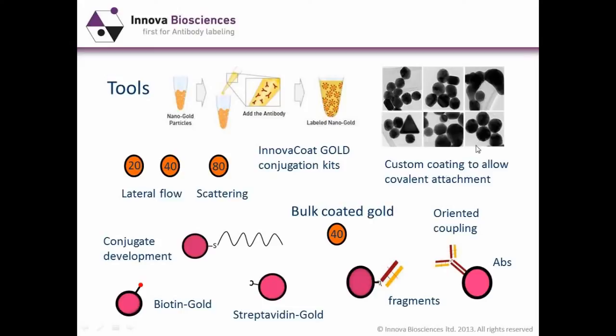So if you make your own gold, and the properties are unique to your way of making the gold, then you can switch to custom coating, covalent conjugation, and get some of the benefits by a custom coating service that we offer. And we can also, as I mentioned, do oriented coupling. We have materials for oriented coupling of whole antibodies and fragments. We have bulk coated gold, especially the 40 nanometer size. We also have materials for attaching oligonucleotides, small molecules, and non-antibody proteins.